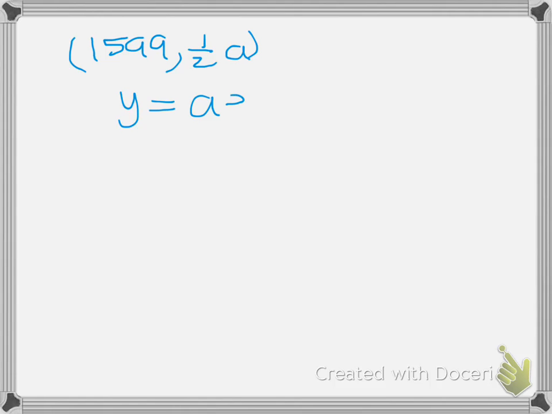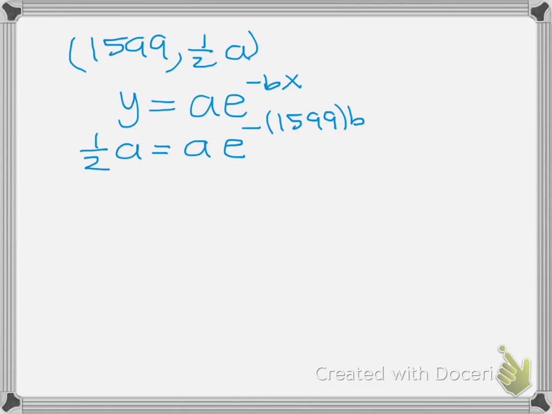Okay, so let's start off with the point (1,599, 1/2 A). And again, this is y equals A e to the negative bx. So this is going to be 1/2 A equals A times e to the negative 1,599 B. I'll put the coefficient first, and I didn't have to put parentheses there.